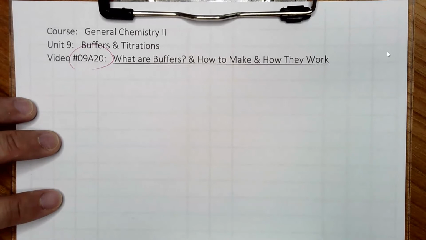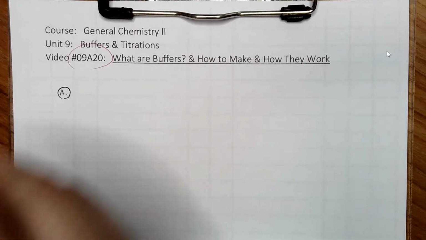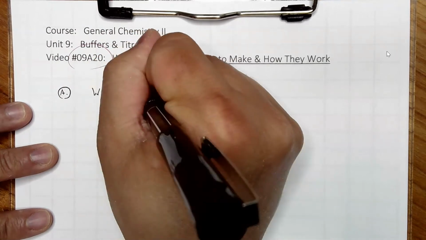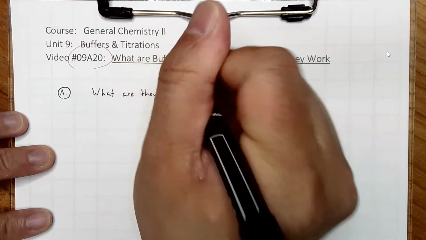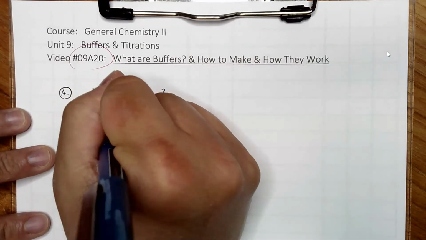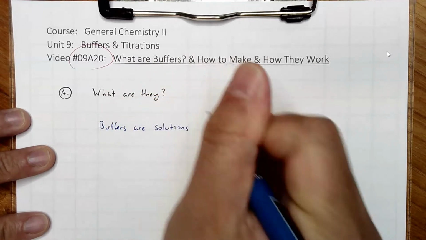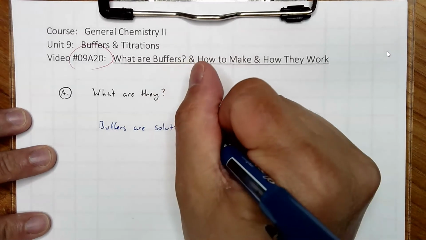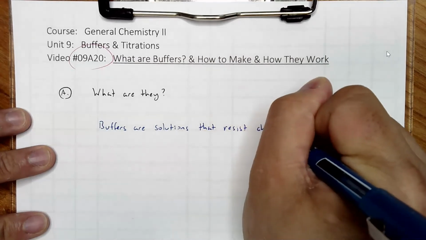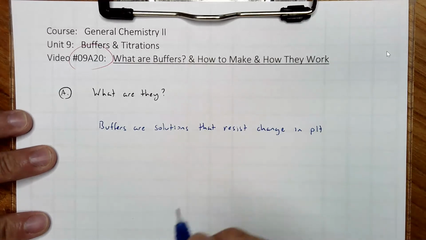section A. What are they? Buffers are solutions that resist change in pH when small amounts of acid or base are added.